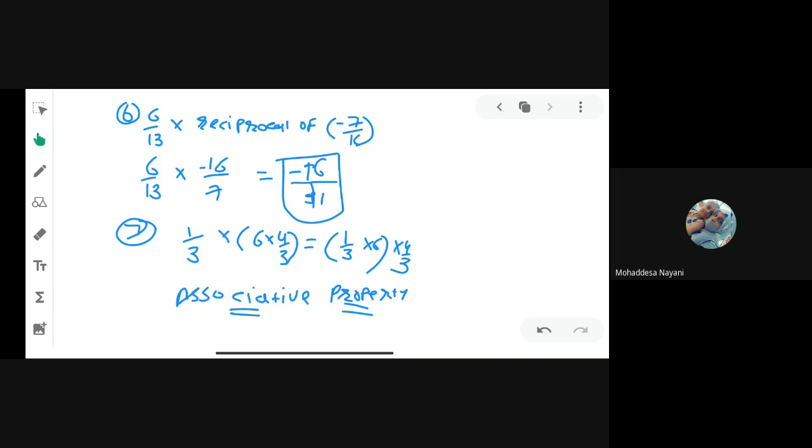The answer written is 6 by 13 into reciprocal of minus 7 by 16, then the reciprocal of minus 7 by 16 means minus 16 by 7. Final answer? Final answer written is minus 96 by 91. Done.